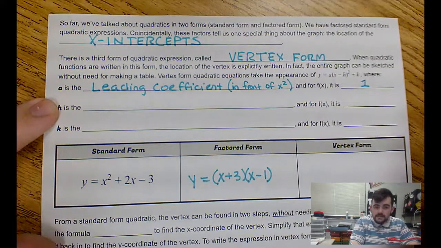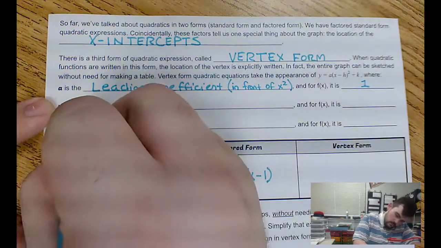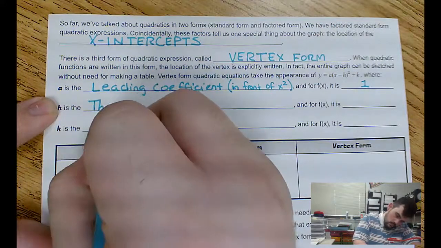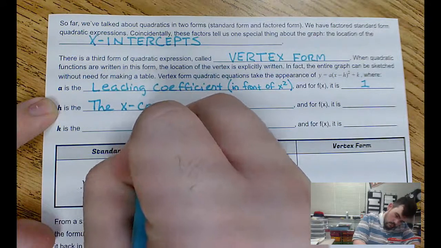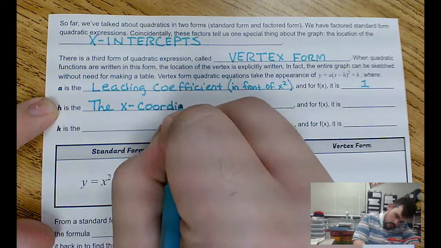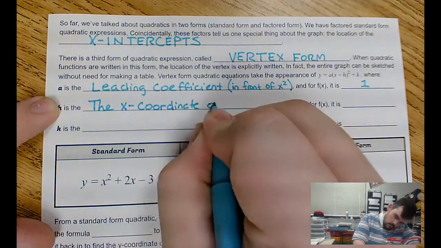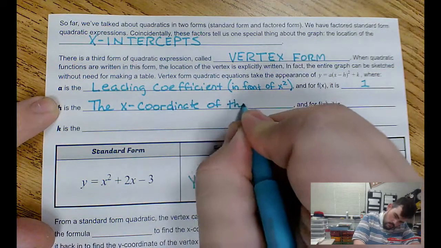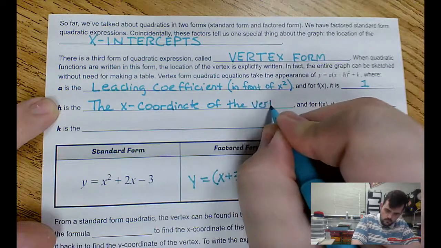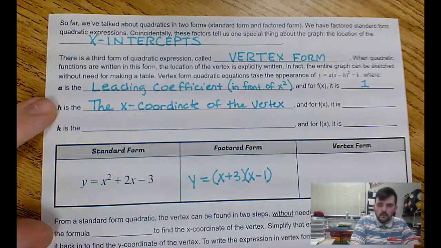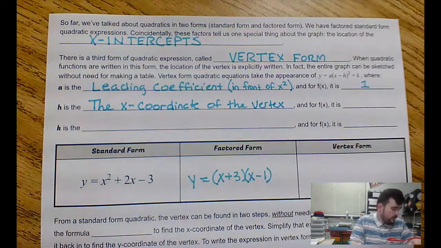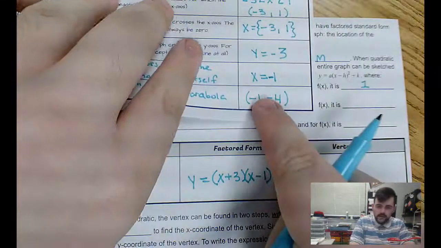H is going to represent the x-coordinate of your vertex. And so, the x-coordinate of our vertex we said was -1.